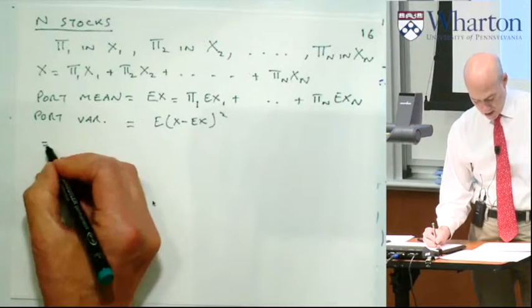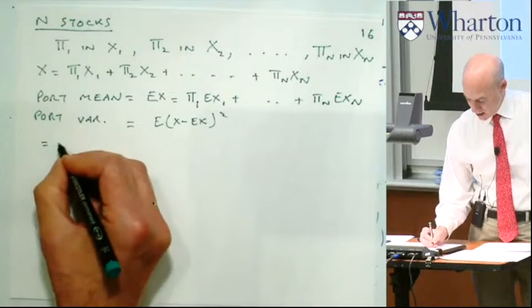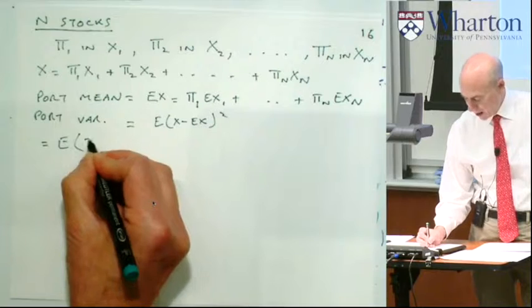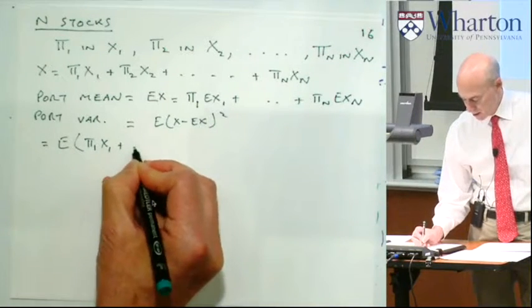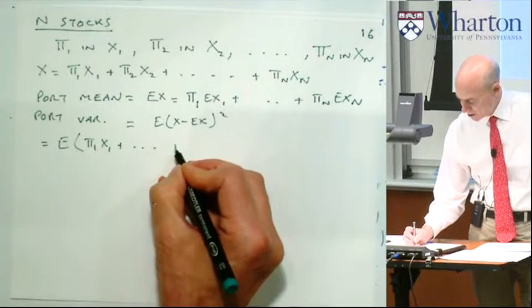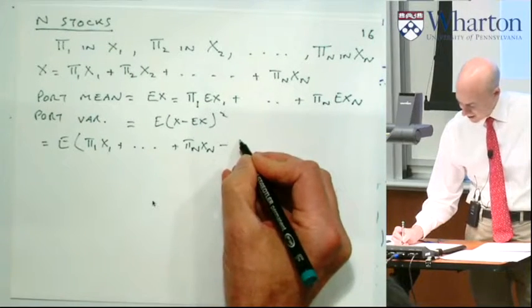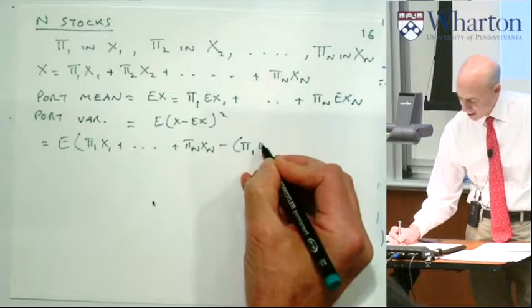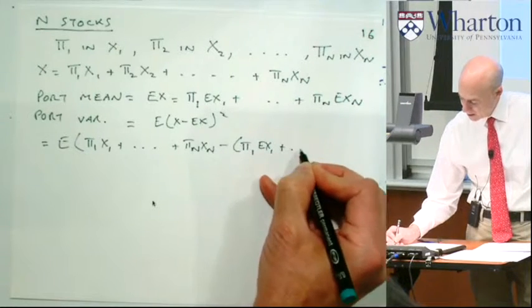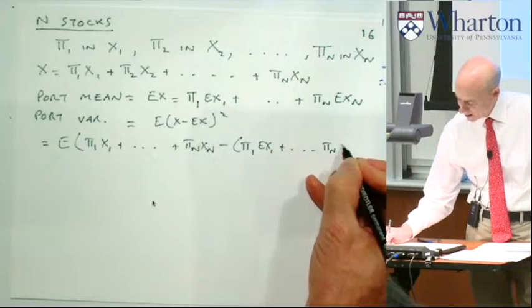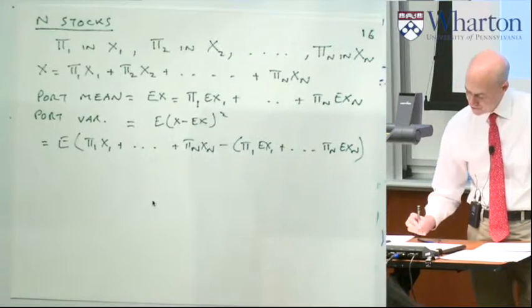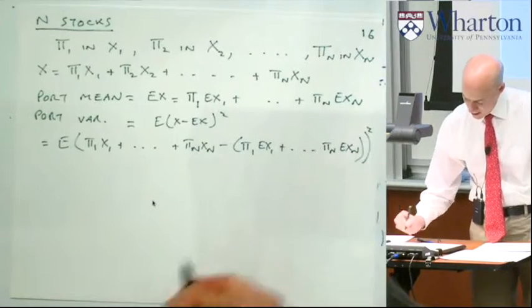If we do that, it's the expectation of pi1 x1 and so on up to pi n xn, and then we're subtracting the mean, which is pi1 EX1 and so on up to pi n EXn, and then that's squared.